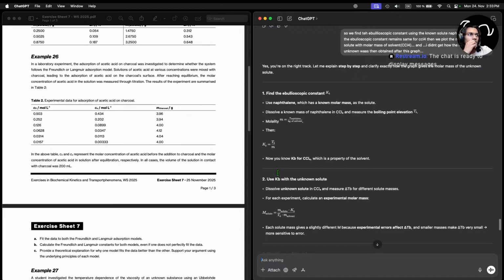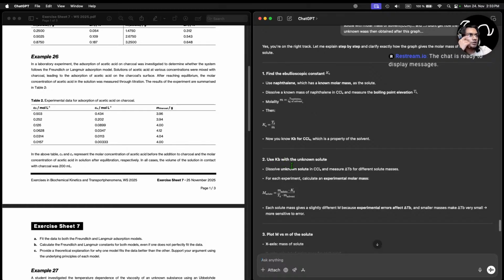This all okay. Now you get Kb, which is a property of the solvent. Okay, so it's a constant value for carbon tetrachloride. Use Kb with the unknown solute. Each solute gives a different molar mass. Dissolve the unknown solute and measure Tb for different solute masses.